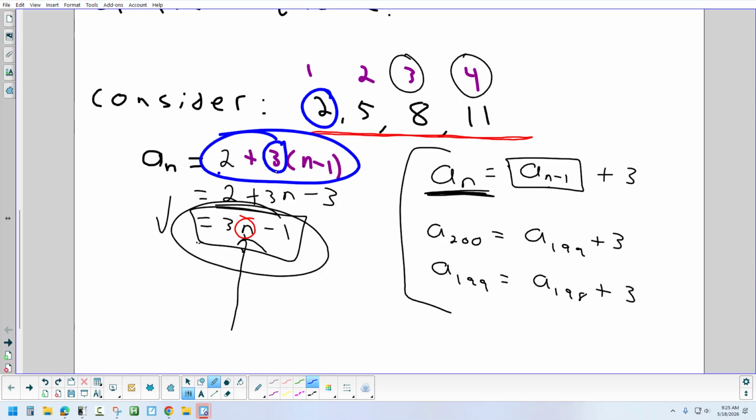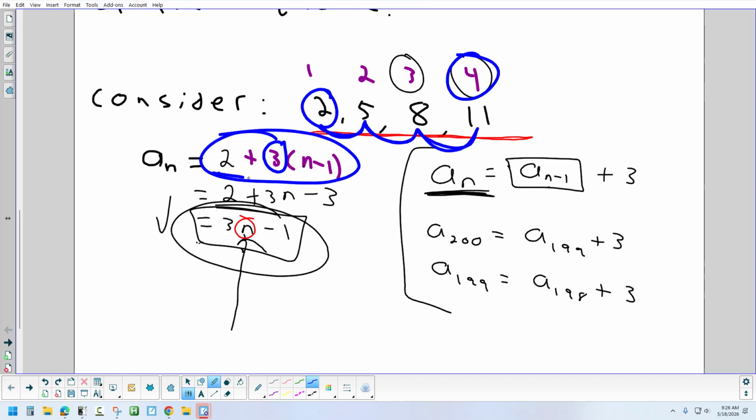That number right there is what you were adding each time to get from one to the next. And then I said that if you want to get to the 4th term, you have to add 3, 1 less than the number of times. Well, you have to add it for how many jumps you have to make. So if you're trying to get from 1 to 4, that's 3 jumps. So you add it 1 less than the term you're trying to get to.